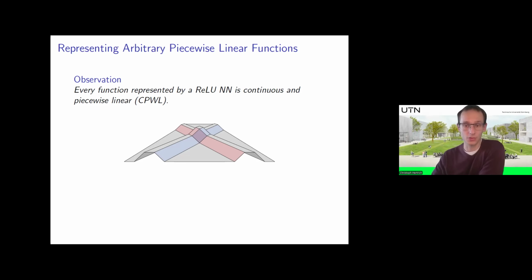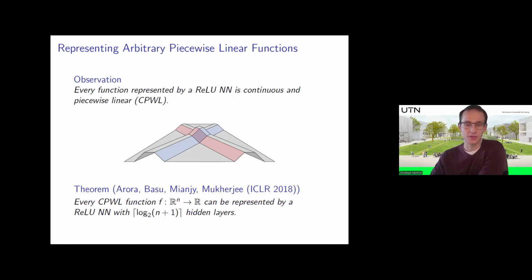And now the cool thing is that that's actually the full characterization. So if you have a continuous and piecewise linear function, you can actually represent it with a ReLU neural network. And in fact, a logarithmic number of hidden layers is sufficient for that. And how do you prove this? Basically, you reduce an arbitrary continuous piecewise linear function like this, for example.